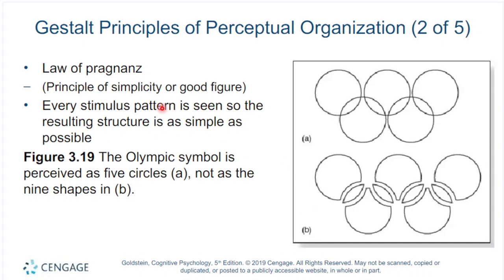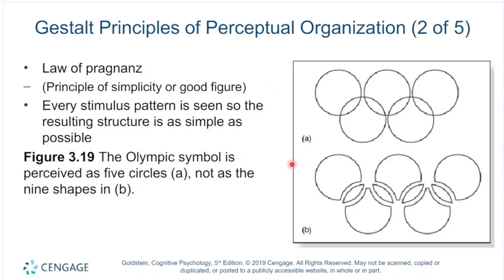Okay, and then we also have the law of pragnanz, otherwise known as the principle of simplicity or good figure. With this particular principle, every stimulus pattern is seen so that the resulting structure is as simple as possible.